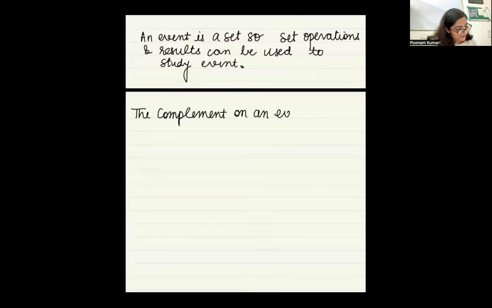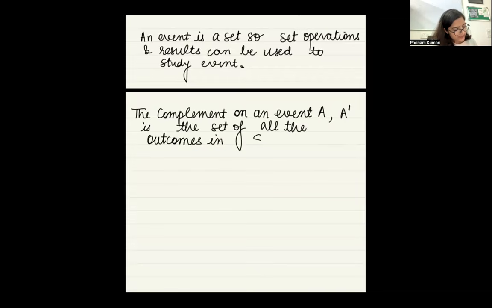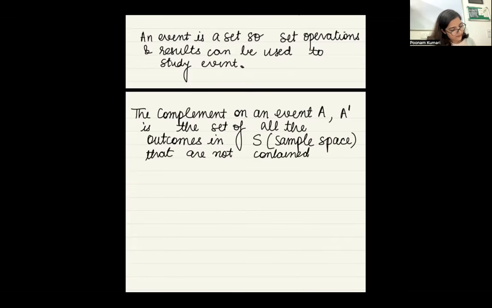Let's say I have an event A, and the complement of that event A, represented by A prime, is the set of all the outcomes in my sample space that are not contained in A. This is exactly how we define complements.